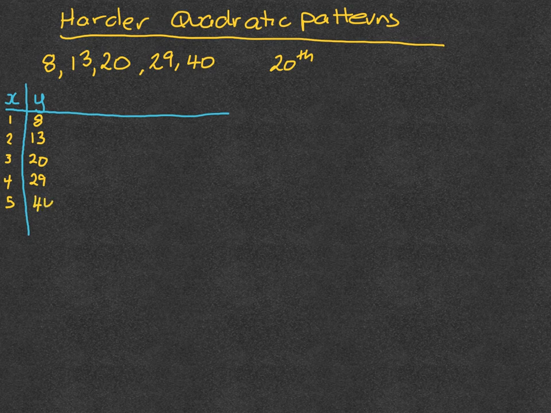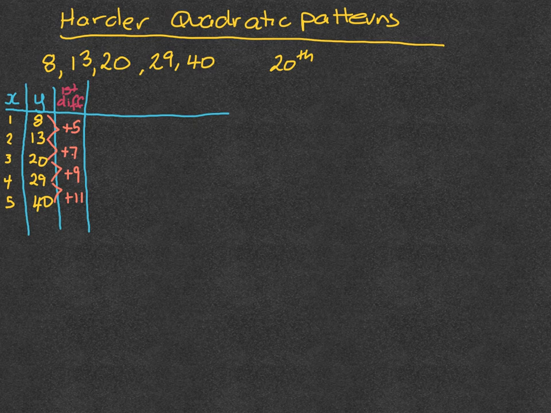And our first step with trying to find the rule for any sequence is we look at our first difference. So what I'm doing here is looking for the difference between each of these numbers. And you'll notice that's plus 5, and then it goes plus 7, plus 9, and plus 11.